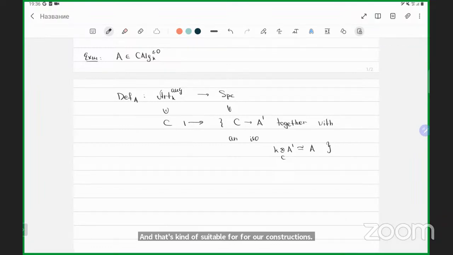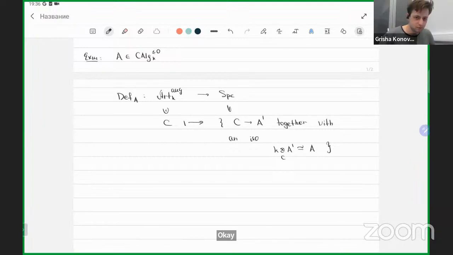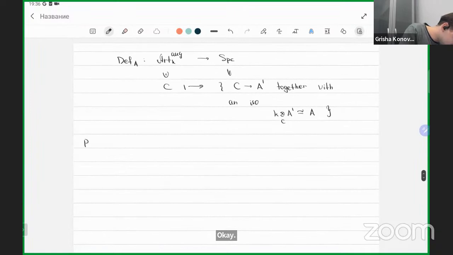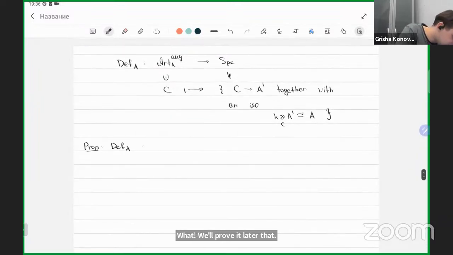Okay. And the proposition which we want to prove now, but we'll prove it later, is that Def A is a formal moduli problem.